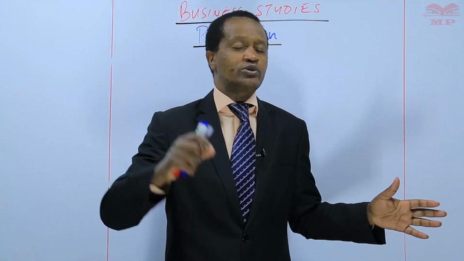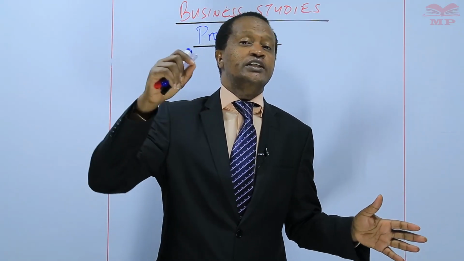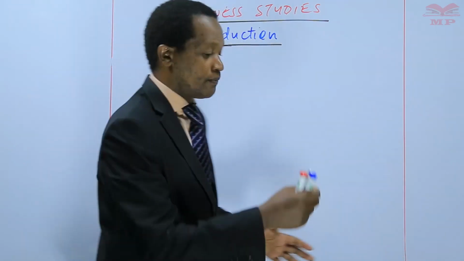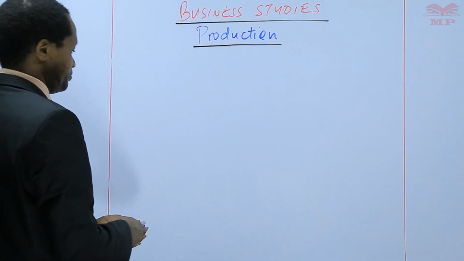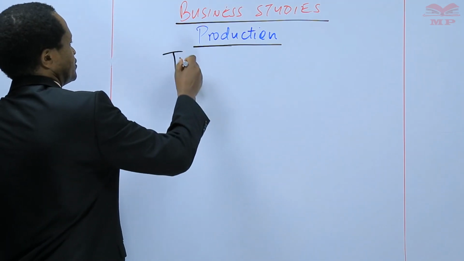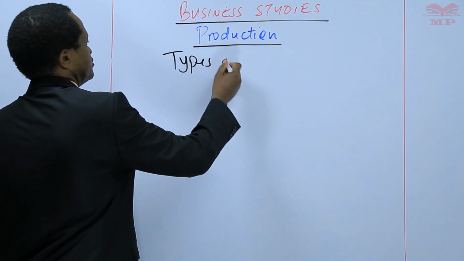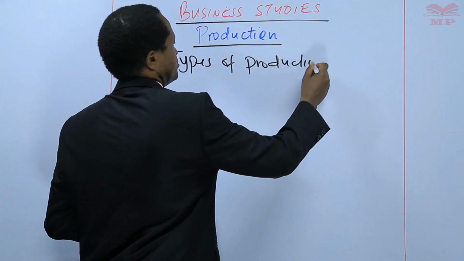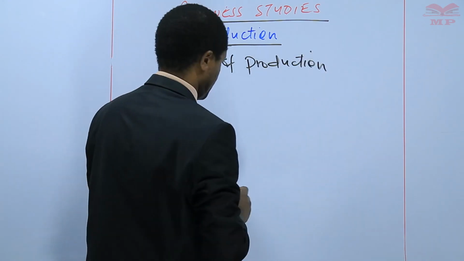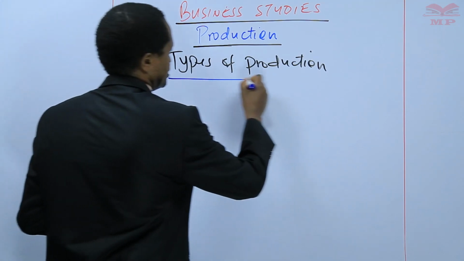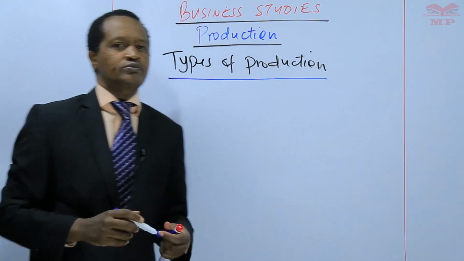In today's lesson, we are going to study types of production. There are two main types of production.